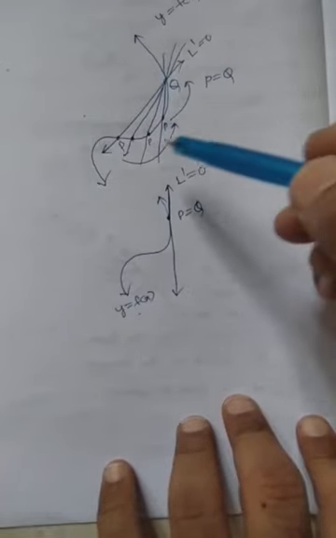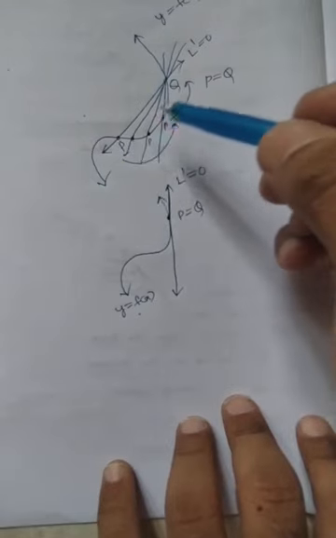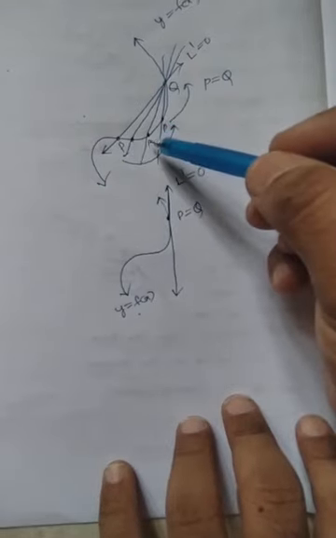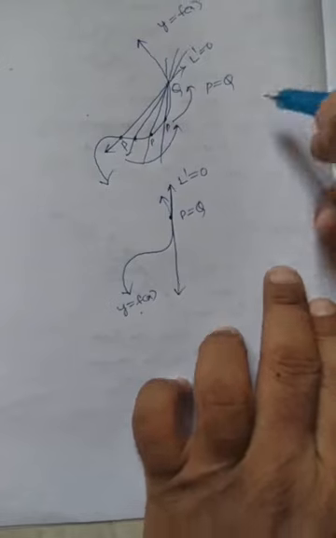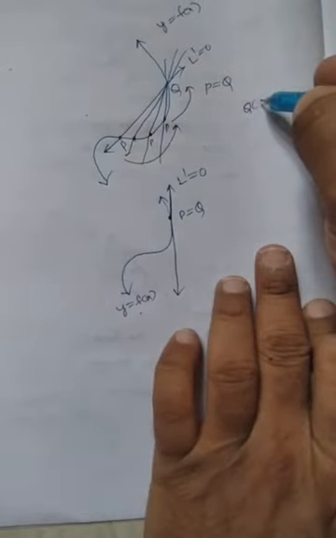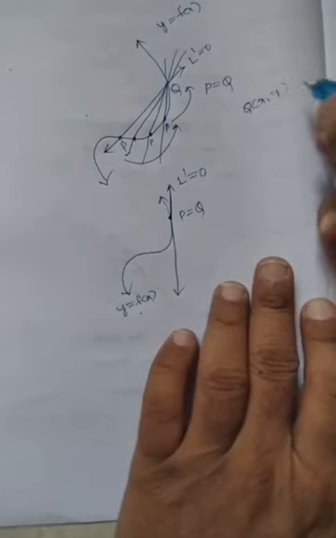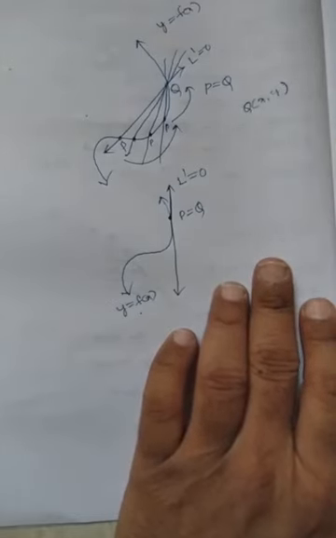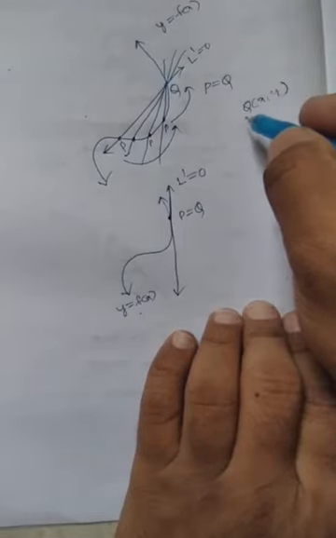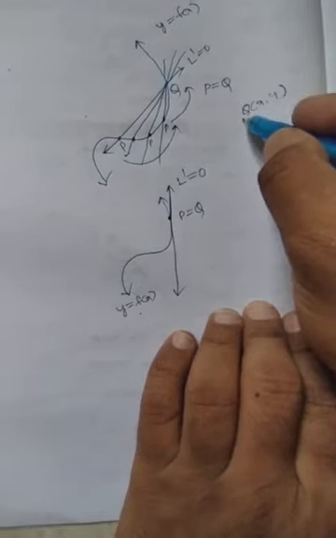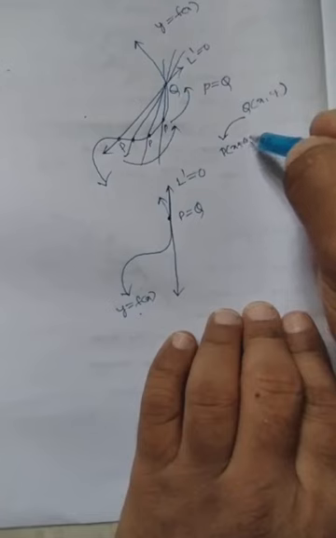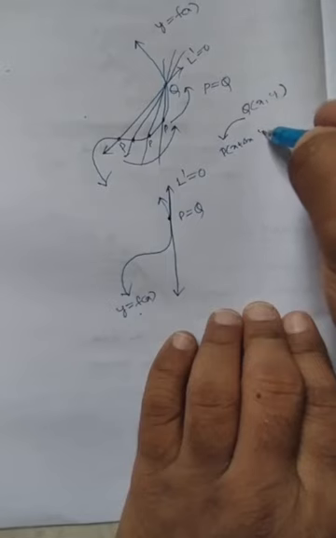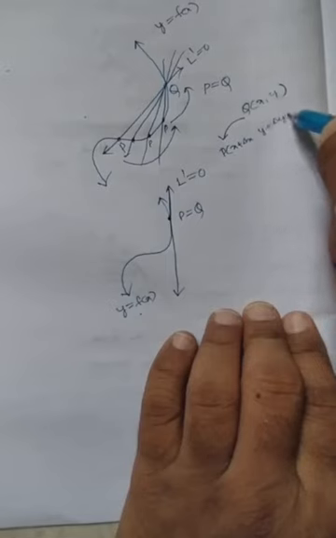If P is in a neighborhood of Q, where Q is the point x comma y, then P is x plus some delta x, and corresponding to this delta x, the y value must be y plus delta y.